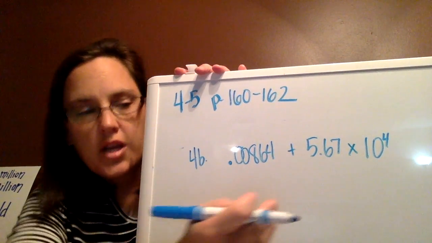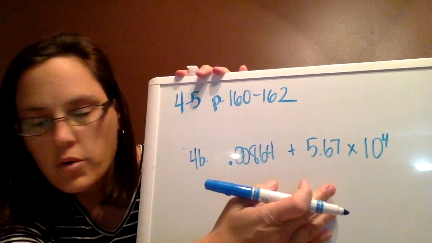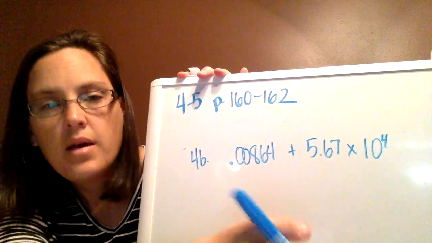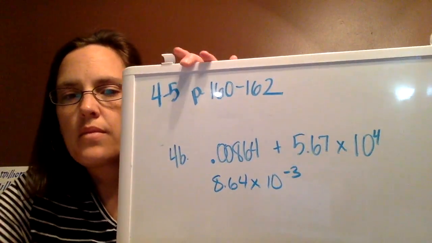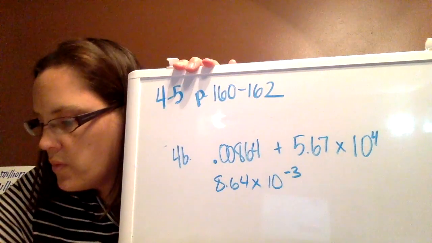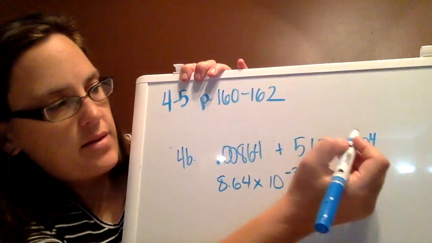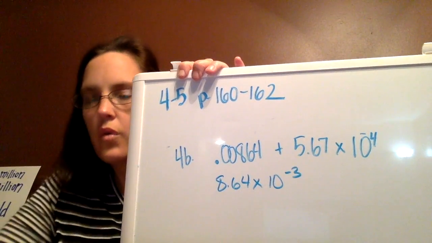Again, we could change this to expanded form or standard notation and then add it up and then change it back. But since this is focusing on computation and working with scientific notation, we're going to change that first one to 8.64 times 10 to the negative 3. Oops, sorry, this was 5.67 times 10 to the negative 4th.